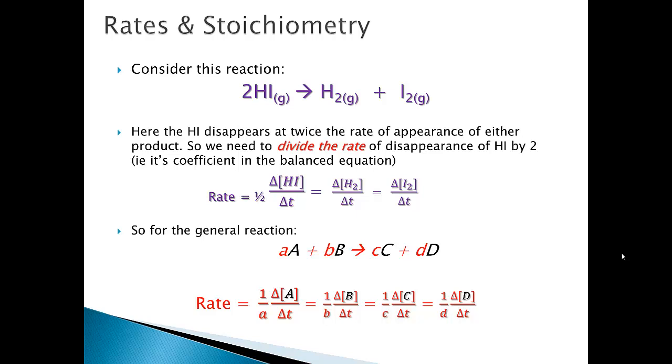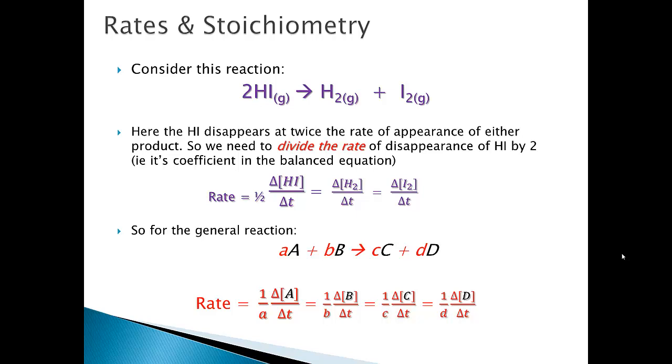Okay, but we just have to halve that first one, halve the concentration of HI over time, because otherwise it will appear as though the reaction's actually proceeding at twice as fast as it really is. So what we do is we put 1 on the coefficient.